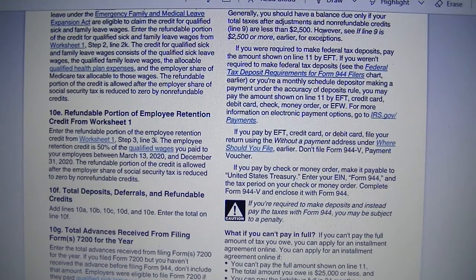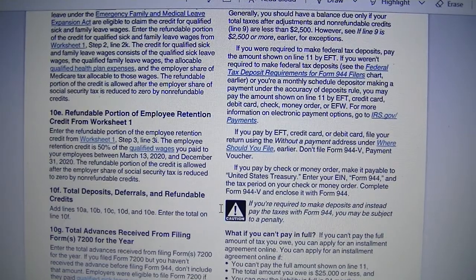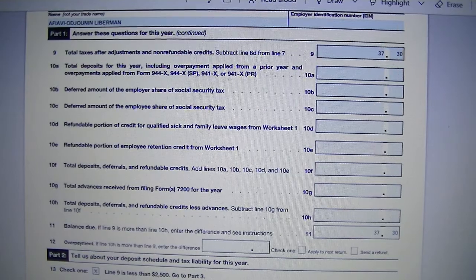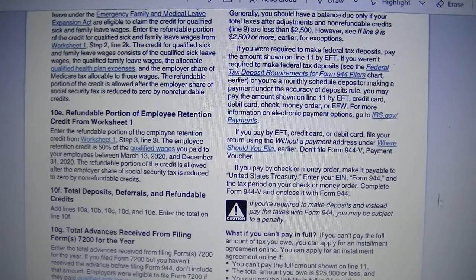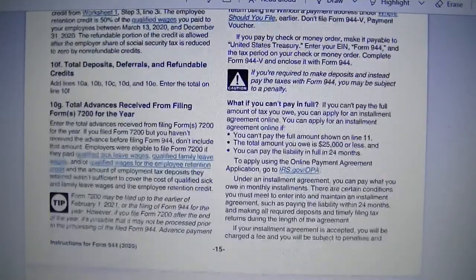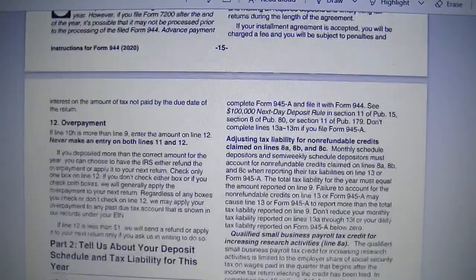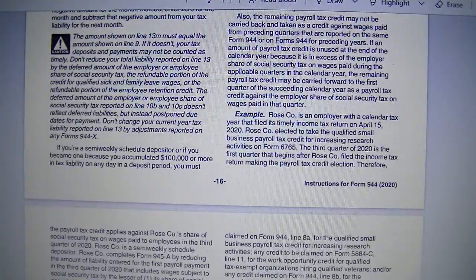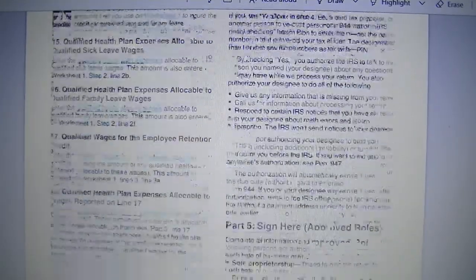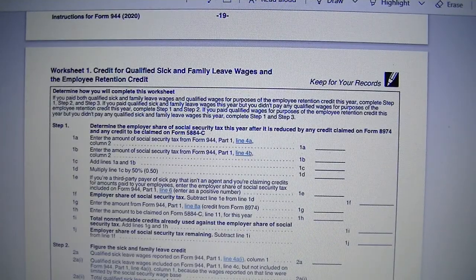And let's go back. I can show you the worksheets if you have not seen it. It is on page 20. And that's the worksheet.